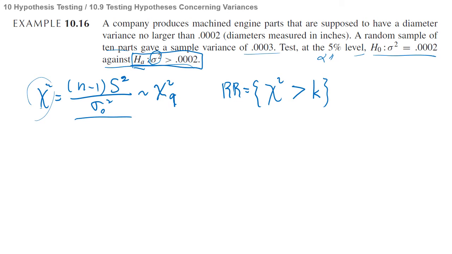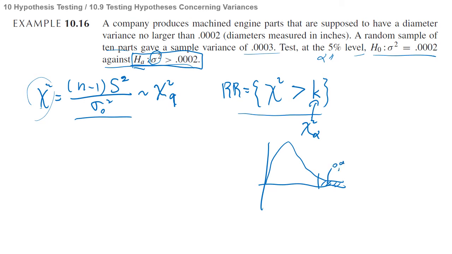That's the alternative hypothesis situation. So the rejection region would be this, and we can calculate this k using chi-square alpha, which is derived from the chi-square distribution, and this is 0.05. And the next step is to calculate everything.